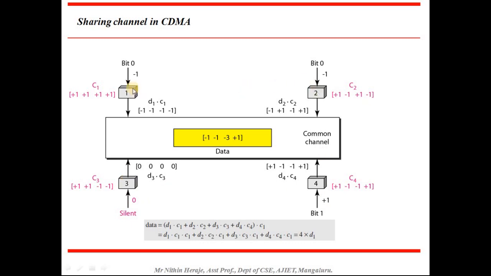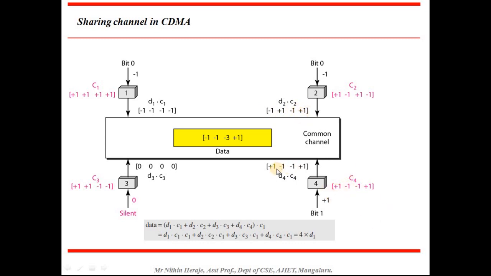So you can look at this here, data into the code. You get -1, -1, -1, -1, because this data, that is -1, is multiplied with the code over here. Similarly, this -1 is multiplied with the code over here, and you get the result as -1, +1, -1, +1.